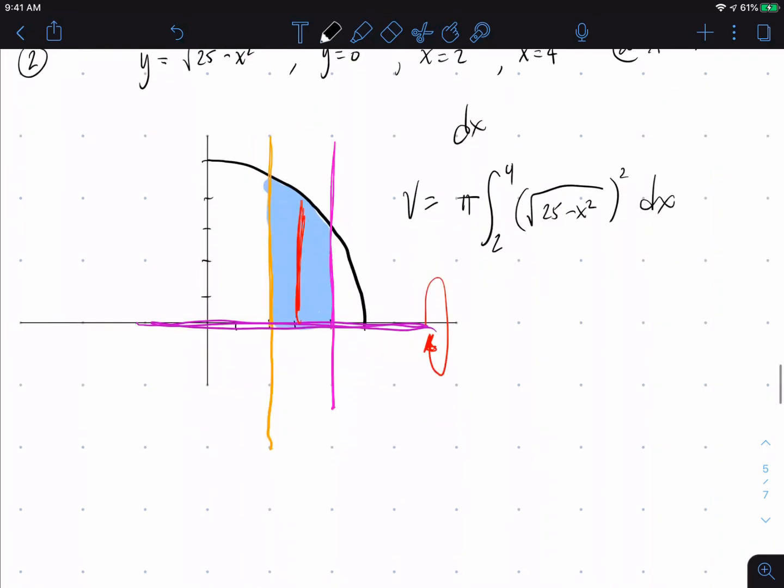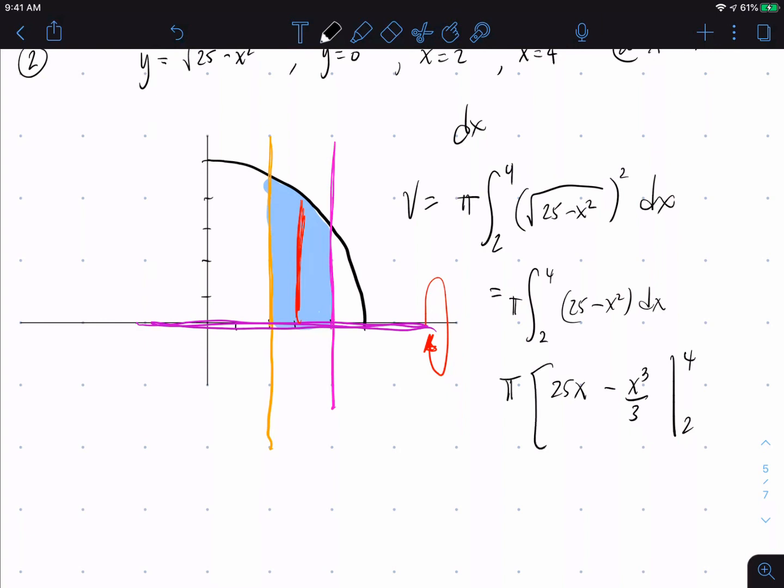Okay, so then that's going to give us an integral that's going to go pi times the integral from 2 to 4 of 25 minus x squared dx, which is going to give us 25x minus x to the third over 3, evaluated from 2 to 4, and then let's not forget to multiply by pi.